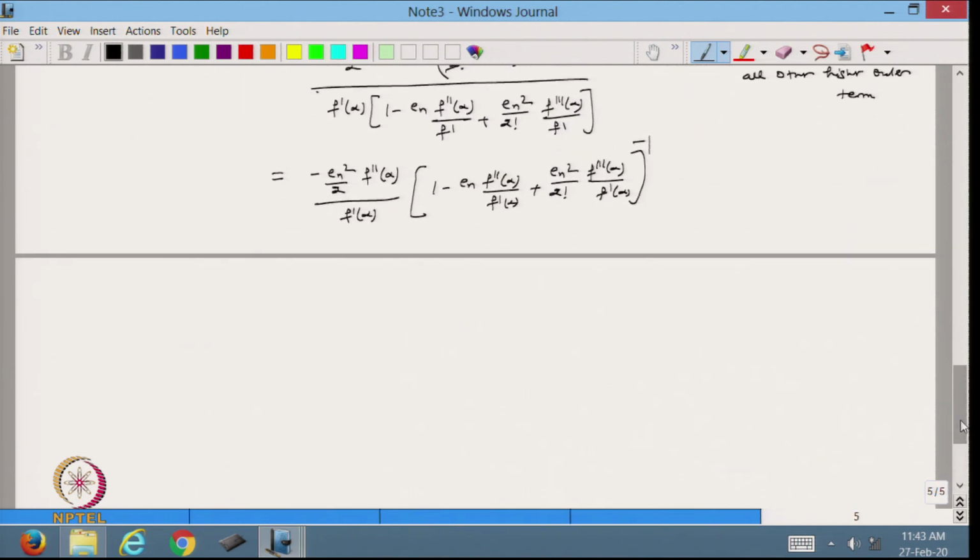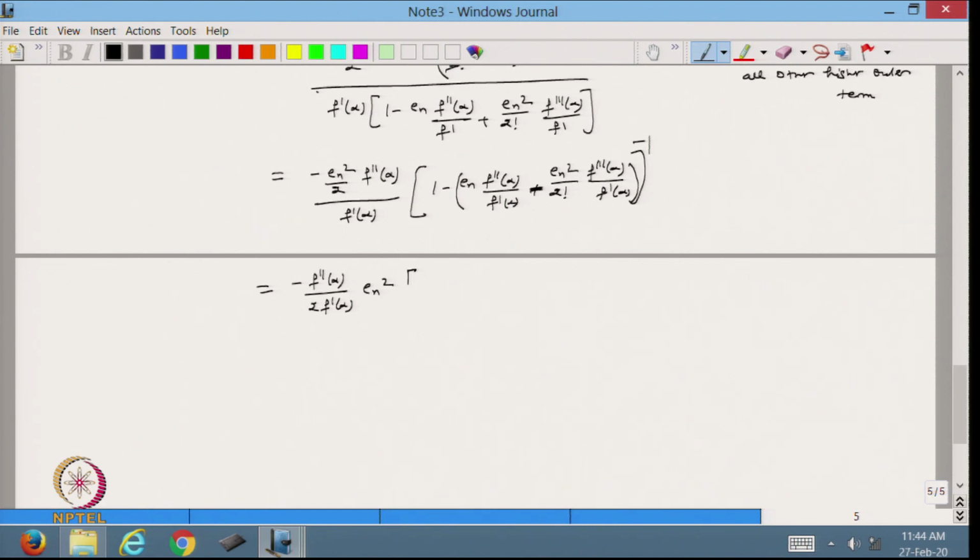So, I have written this form, and based on this form, now it will be minus sign. So, from here I can take this term as a common and put this minus sign here. So, I can write minus f double dash alpha over 2 f dash alpha En square.